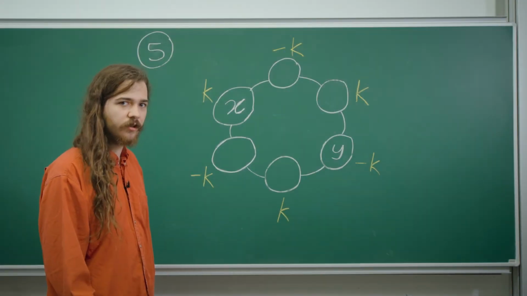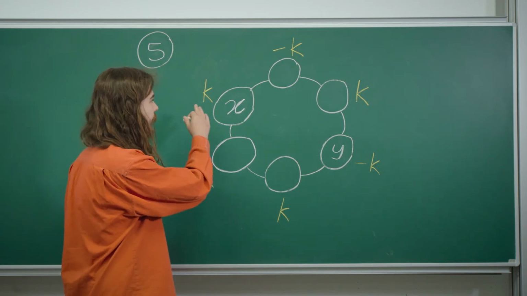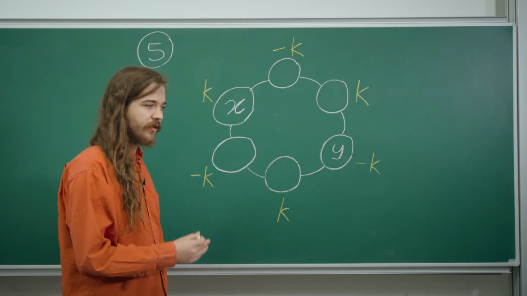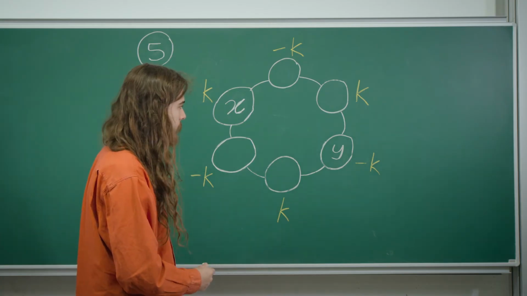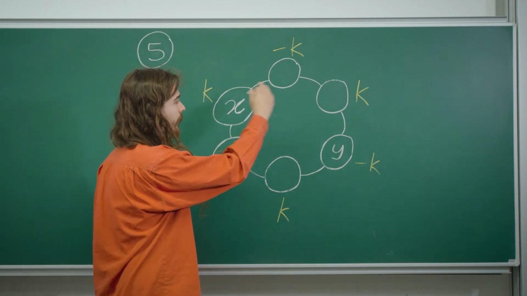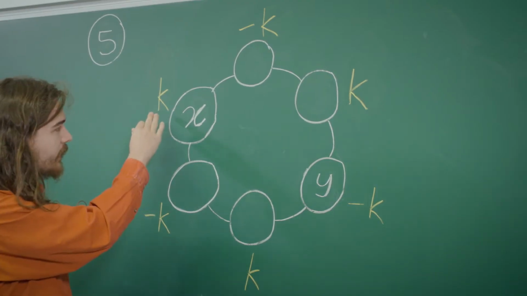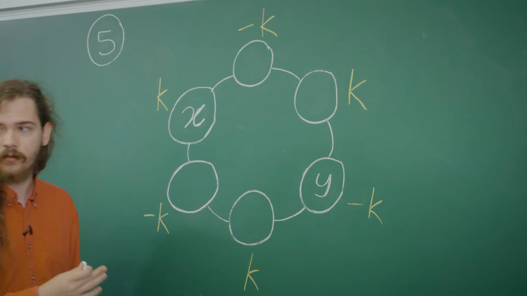So now that we've turned our condition into a condition about these yellow numbers, let's consider the implications of what we have. So coming back to our example where n equals 6 again, we have k as the difference here and minus k as the difference here.